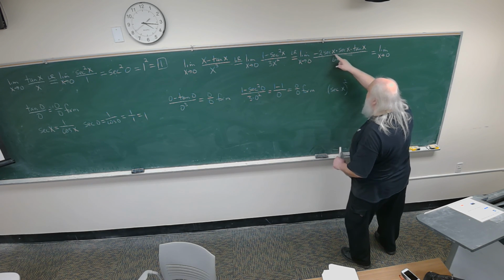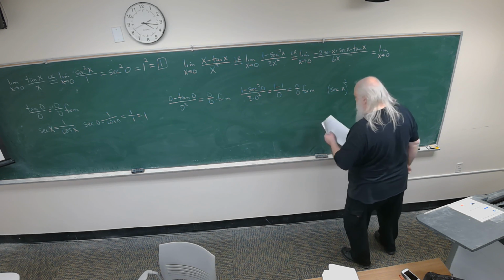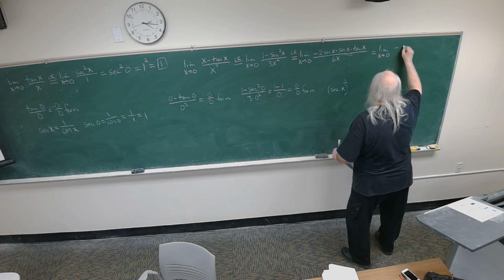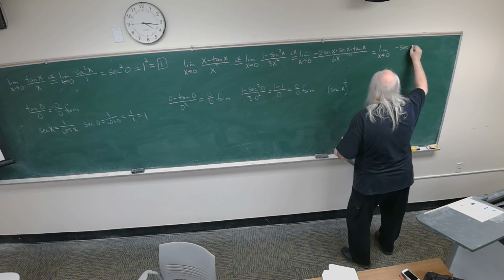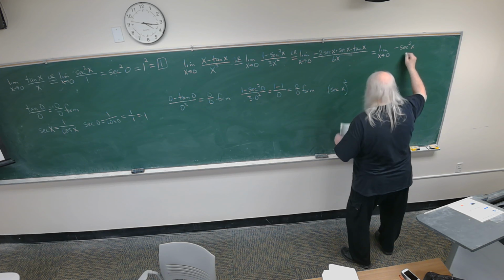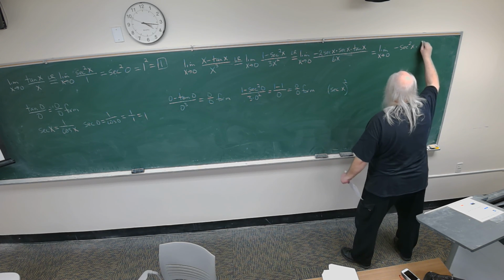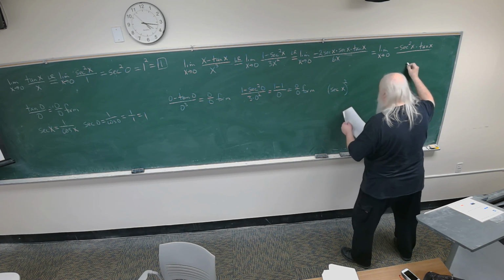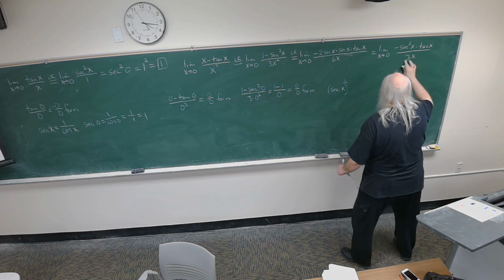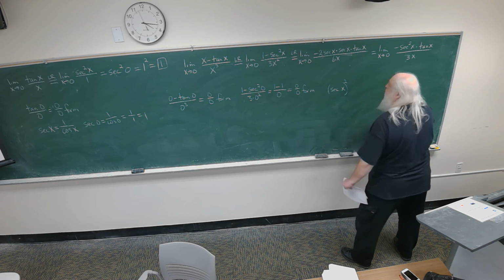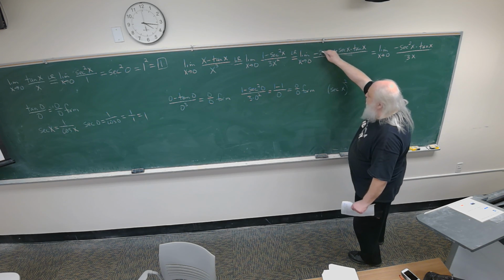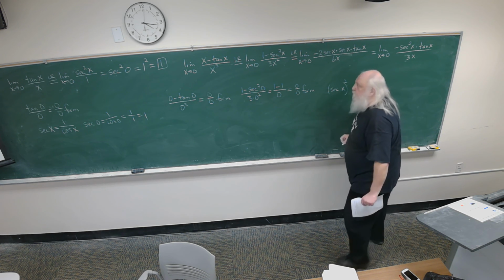And then you have secant x times secant x, which is secant squared x, times tangent x, all over 3x. Okay.